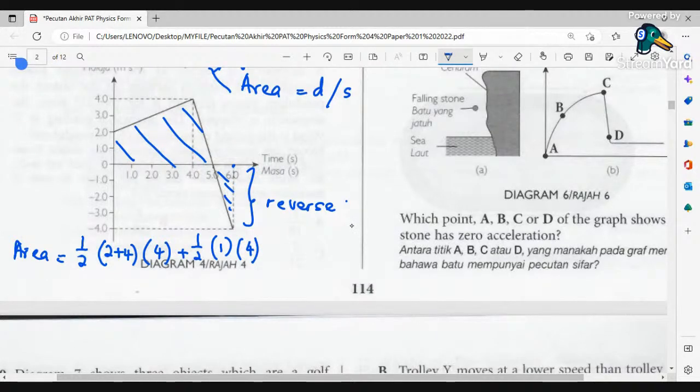And this side is the negative side, so I write minus half times 1, 4. So what I get, half 2, I think this one can be cancelled, same magnitude. 6 times 2, I get 12 meter.